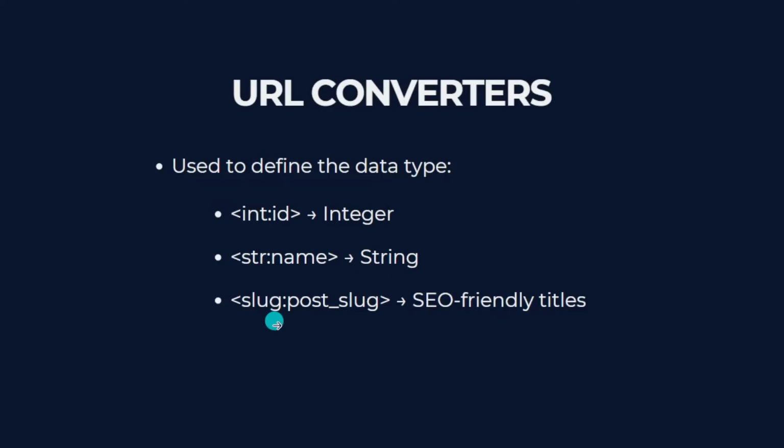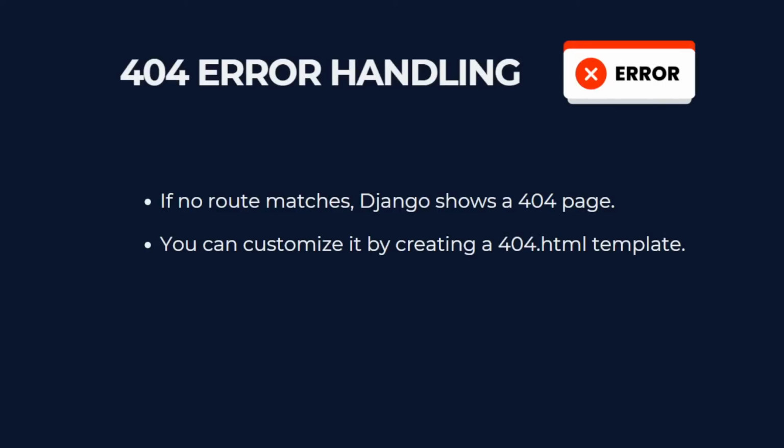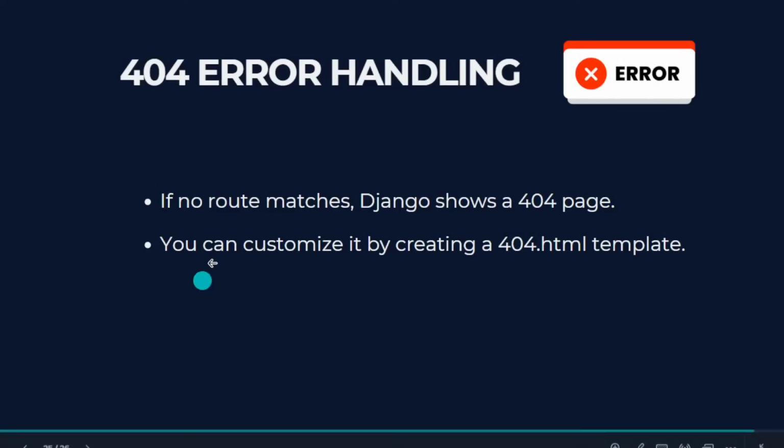And slug is used for collecting SEO-friendly titles. SEO means search engine optimization. Whenever we search a website, it will be listed based on our keywords. That is called SEO. SEO-related titles we also use in the URL converter.